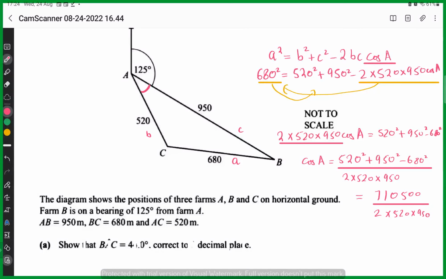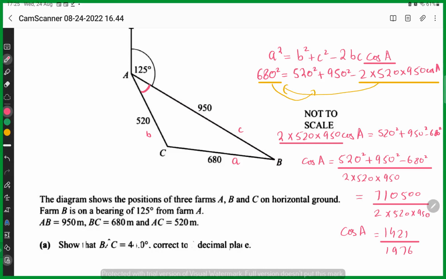Now put brackets, because 2 multiplied by 520 multiplied by 950, this entire thing is coming in the denominator. So 2 multiplied by 520 multiplied by 950, and this is going to give you a fraction. So cos A is basically equal to 1421 divided by 1976.